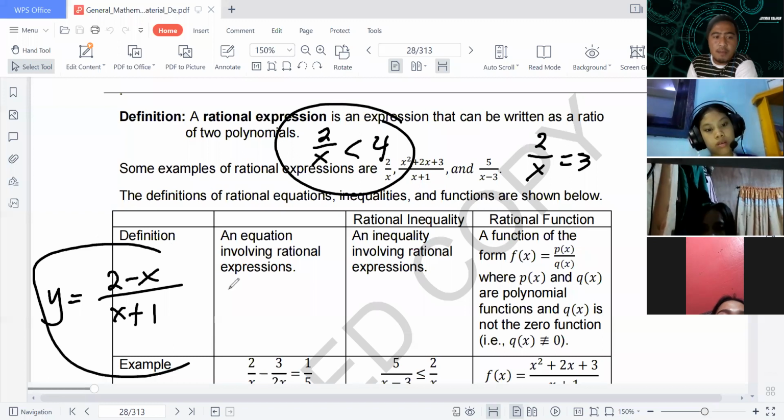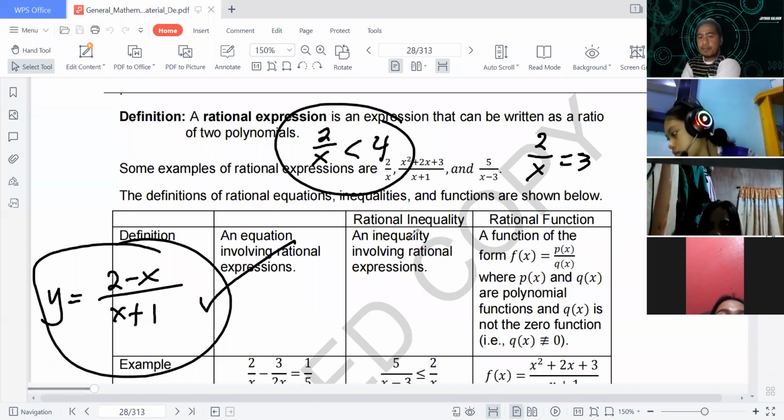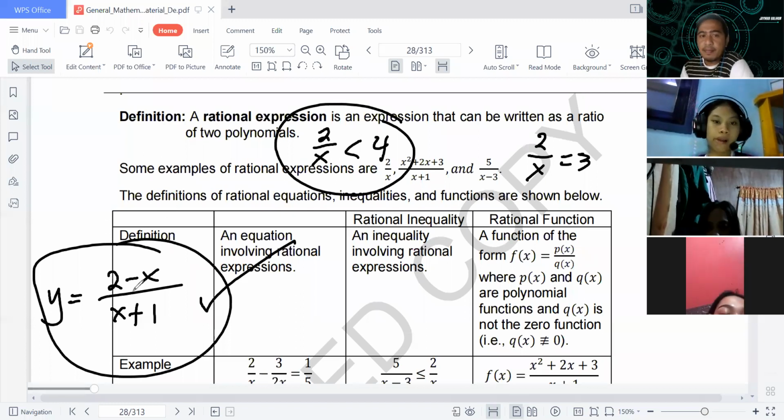This is an example of a rational function because there are two variables involved here. Your input is x, your output is y. So in that case, this is an example of a rational function. So again, remember, two variables are involved and there will be a rational expression in it, and that will be called a rational function.